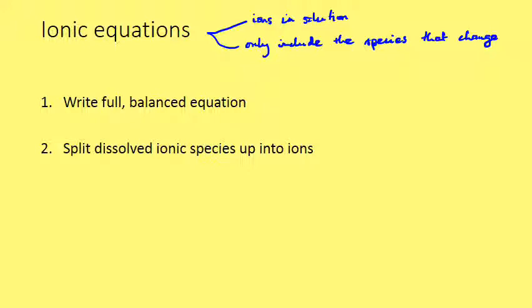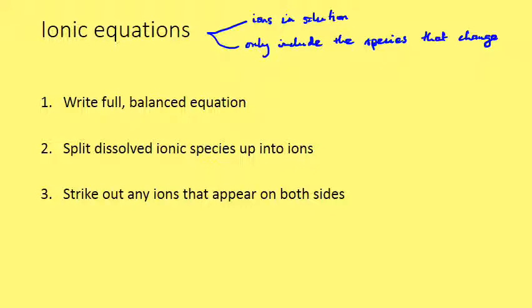And then what you would do is you would strike out any ions that appear on both sides. And by doing that, that's when you end up with only things that change. So you would satisfy that second condition of an ionic equation. Okay, so there's the general 3-step process. I think it's best if we run through a couple of examples to make that clear for you.